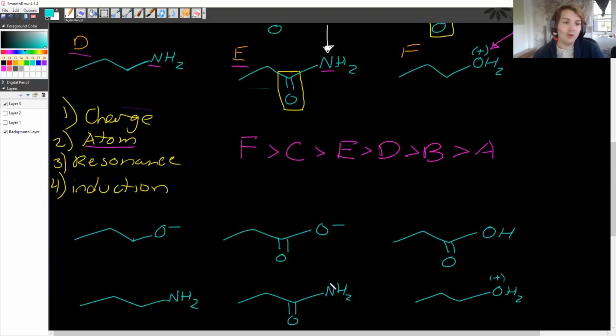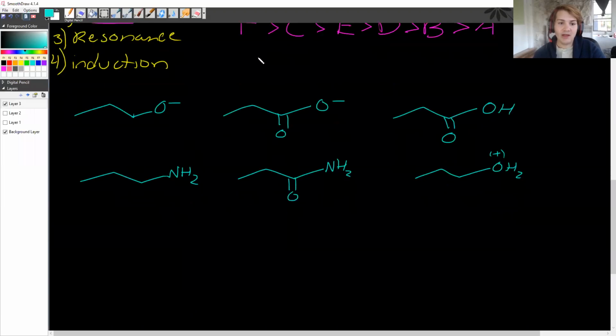What we can do is take all of these and convert them to their conjugate bases, in a way. Obviously these aren't all going to work because some of these are already the base and you can't convert them any lower.